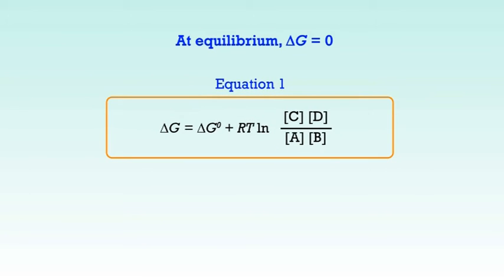The relation between the standard free energy and the equilibrium constant of a reaction can be readily derived. This equation is important because it displays the energetic relation between products and reactants in terms of their concentrations. So at equilibrium, delta G equals 0.